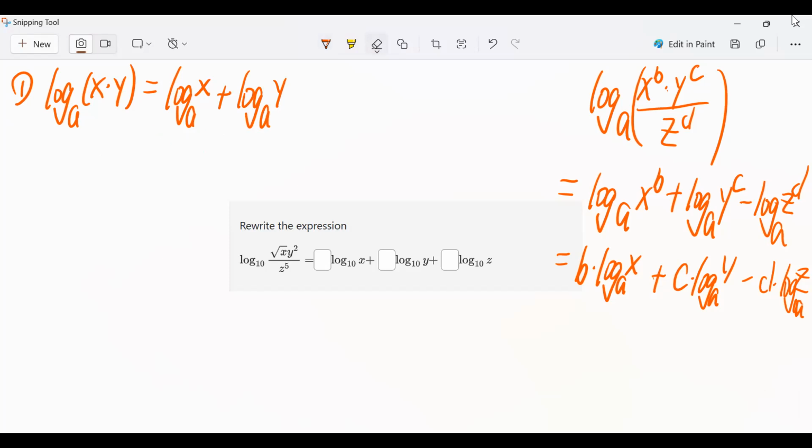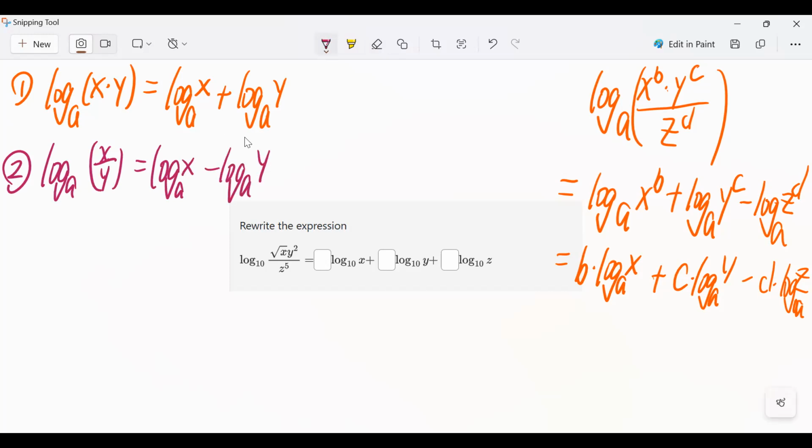Just the same property we are using. Second one, if it is division, log a of x over y, then it becomes subtraction: log a x minus log a y.